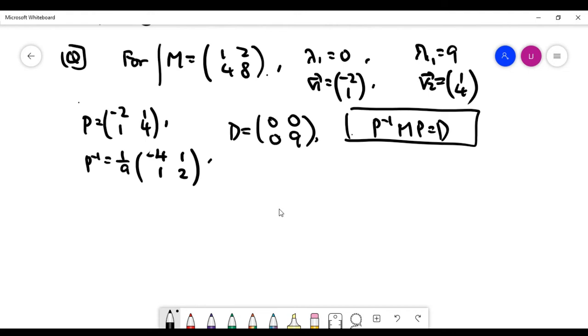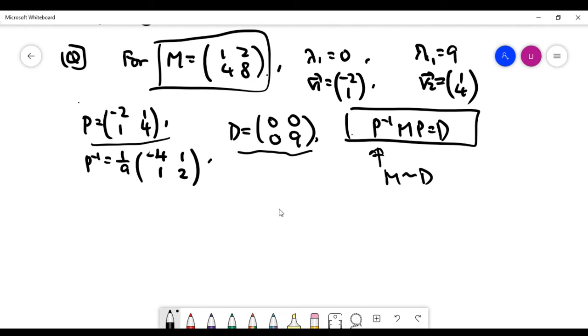I'm taking the same matrix as in the last problem. We already understand that such a matrix M is similar to the diagonal matrix D, and I list all the eigenvalues and eigenvectors of this matrix. Can you tell me how to find the matrix M to the power 100?